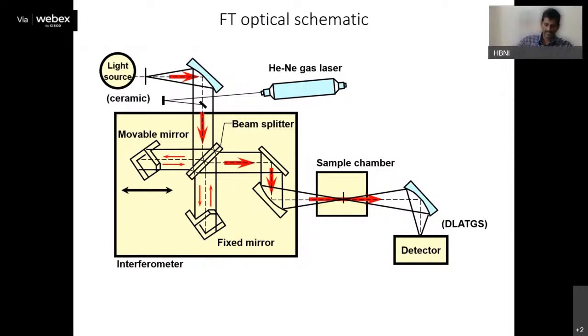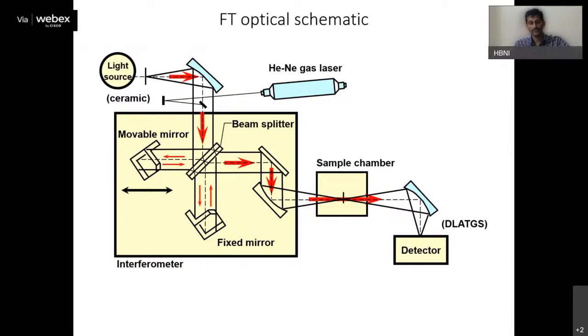Here is the optical setup of a typical FT system. So you have a light source, then a mirror, and then a helium neon laser. This laser is used for two purposes. One is to get the signal digitized at particular locations.